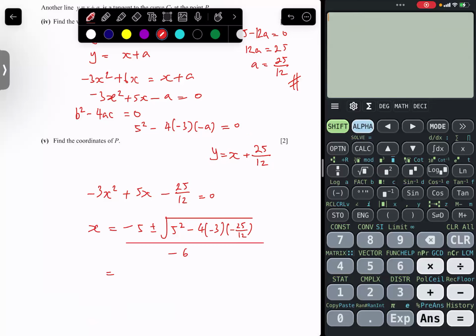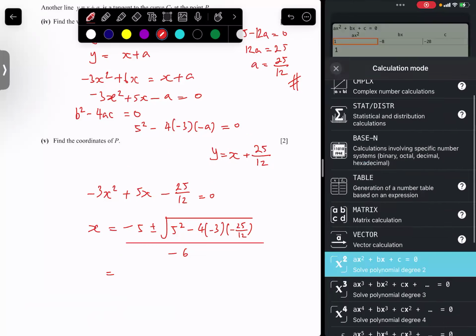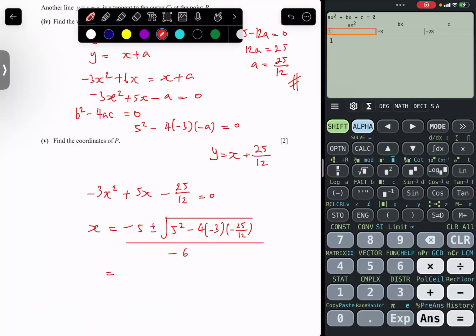Since it's a tangent, it should only give you one value.